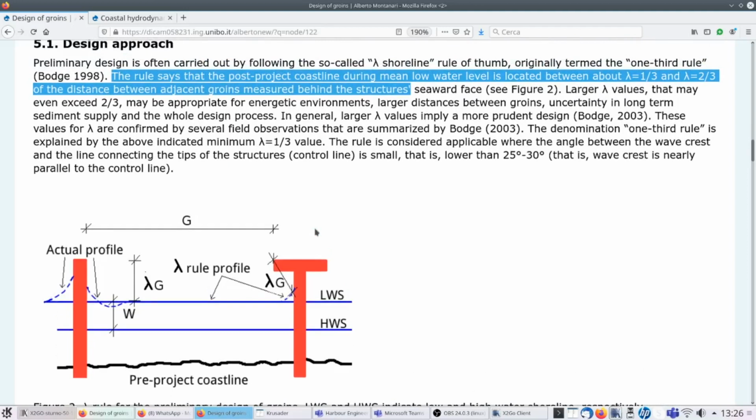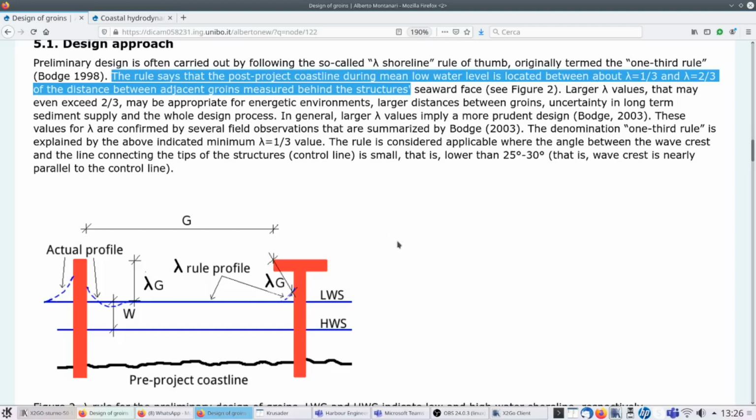So that is the distance between the groins. And then let's call lambda G the distance between the head of the groin, the tip of the groin, and the low water shoreline.